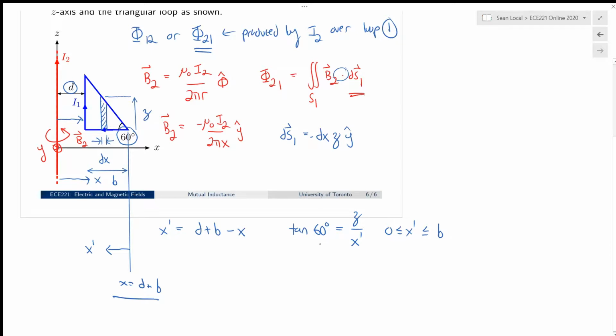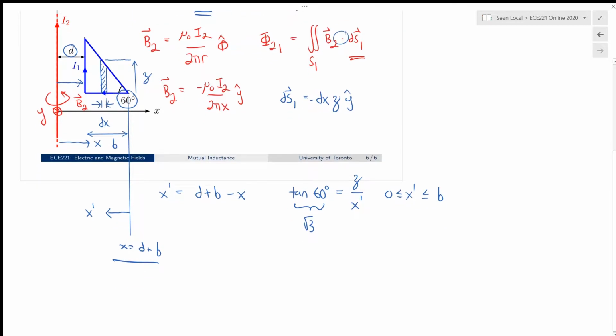So we know that if we evaluate the tangent of 60 degrees, this is root 3. So if we rearrange this equation, we can write that z is equal to root 3 x prime, which is equal to root 3 times d plus b minus x, making the substitution that we had before.